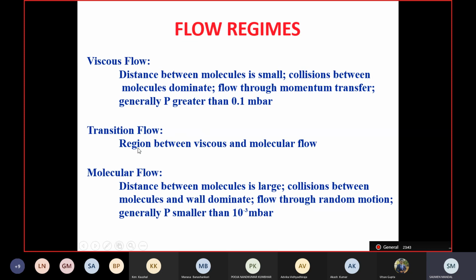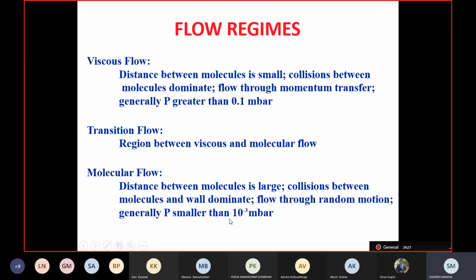Now, transition flow is the region between viscous and molecular flow. In molecular flow, the distance between the molecules is very large, and collisions between molecules and walls dominate. Molecule-molecule collision is less, and molecule-wall collision dominates. The molecules hit the wall, but the number of molecules is small, so molecular collision is low and flow occurs through random motion.